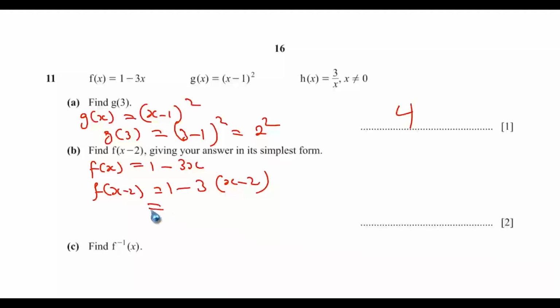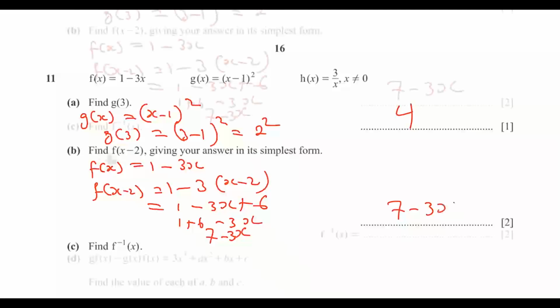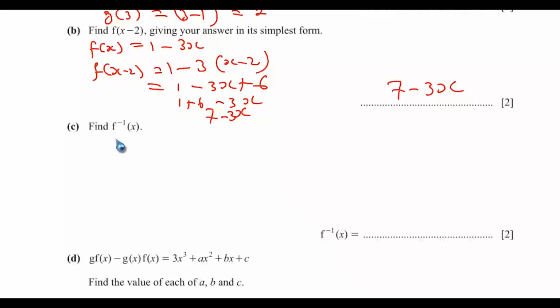Let's expand the bracket. We're going to have 1 minus 3x plus 6. So we're going to have 1 plus 6 minus 3x. That will be 7 minus 3x. Part C, find f inverse of x.